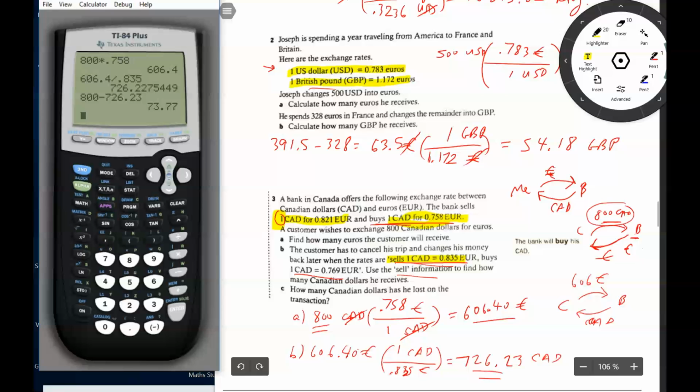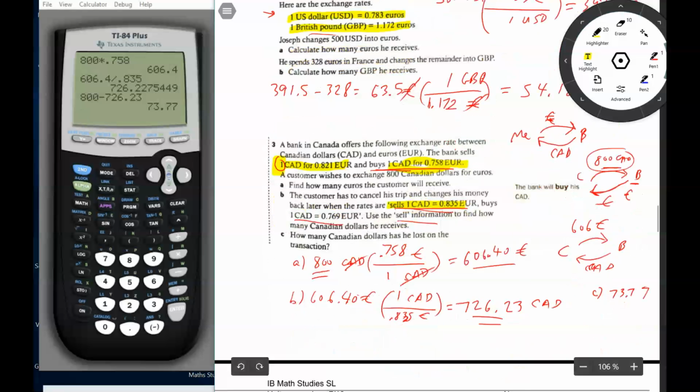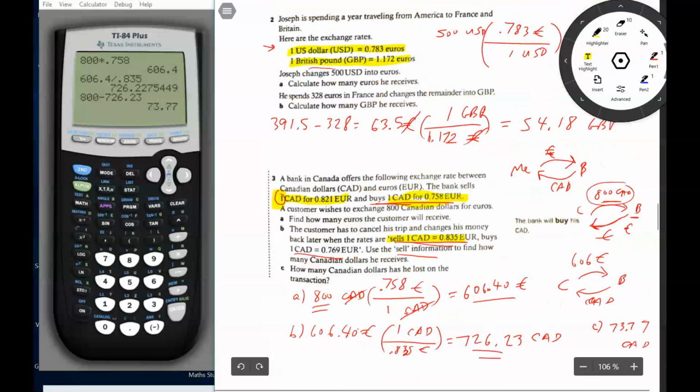So the answer for C is 73.72. Oh, 73.77, sorry. $73.77, and that is how many Canadian dollars he lost. Okay, and that's it for page 6.